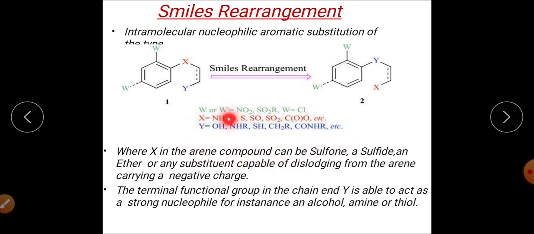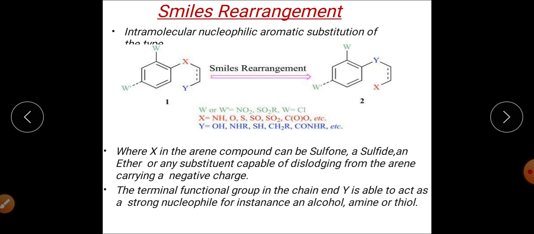These are the kinds of groups that can replace the Y. So basically this is a kind of substrate in the Smiles rearrangement, which on reaction will undergo a rearrangement, and this rearrangement is called the Smiles rearrangement. The reagent for this rearrangement reaction is a base. We can choose a variety of bases depending upon the type of substrate.